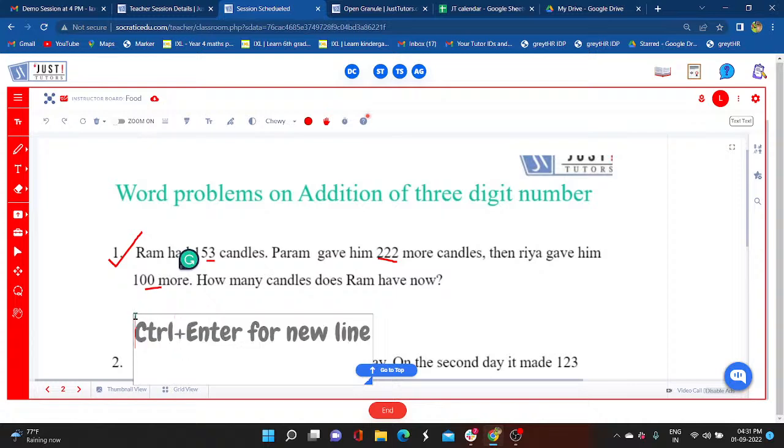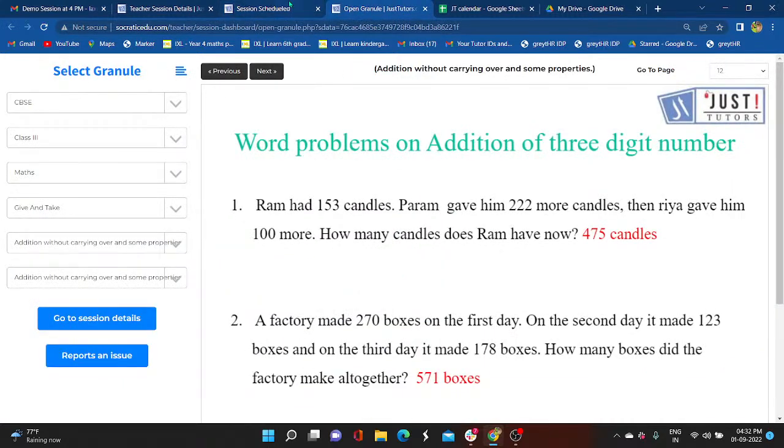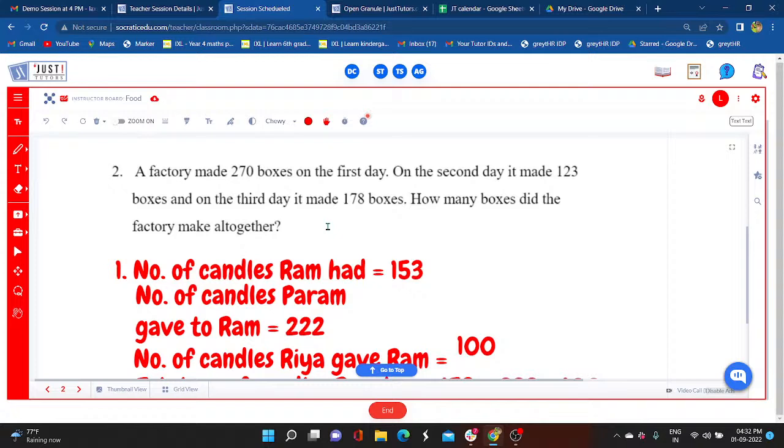Ram has 475 candles. Now this was the first question. 475 candles in total. Now let's move on for the second question.